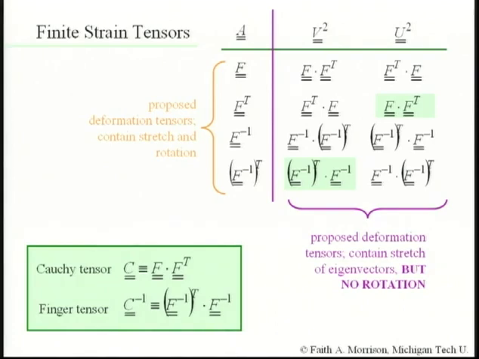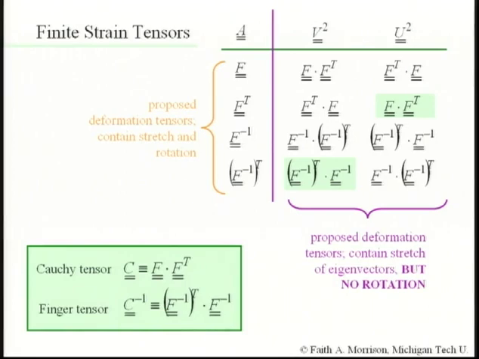If I take the transpose of F, because really these were kind of arbitrary deformations in the first place, we can create other combinations. If you look at this table of all these new strain measures I've created, there are really only two that are distinct: F F transpose and F inverse transpose F inverse.